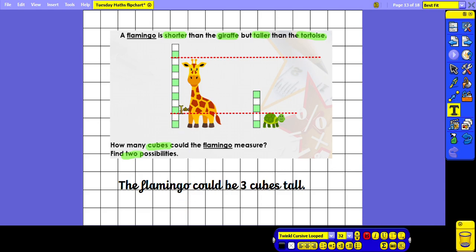And it could also be 4 cubes tall. Because then it would still be taller than the tortoise but shorter than the giraffe. And there are lots of other answers that you could have had for this one, but we've just chosen 2.